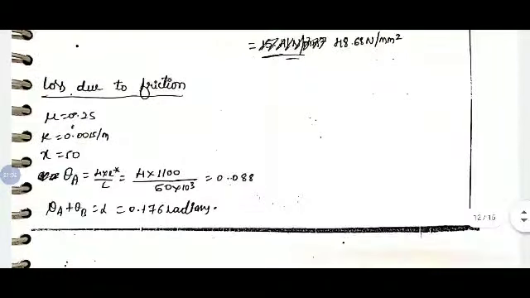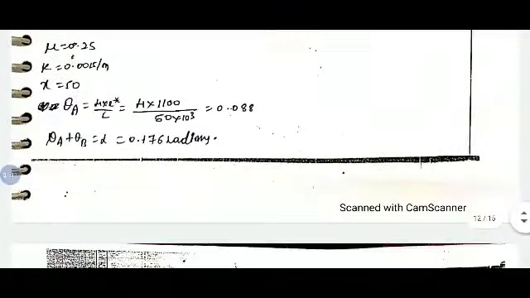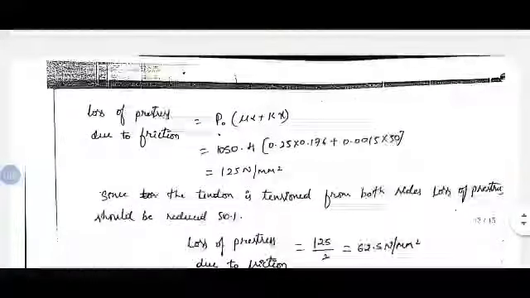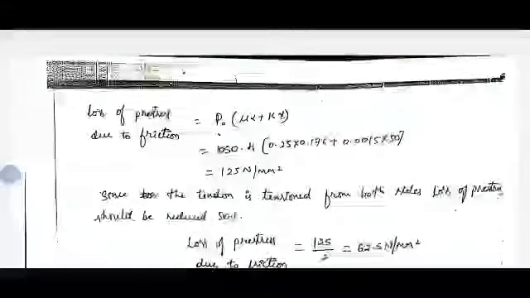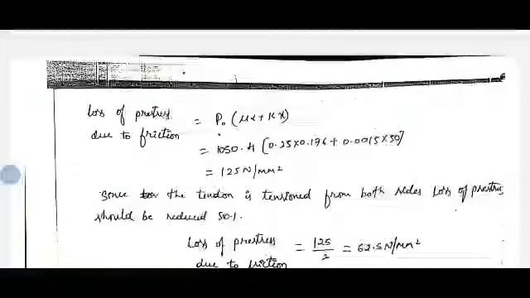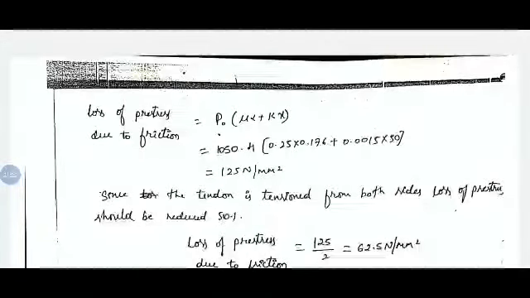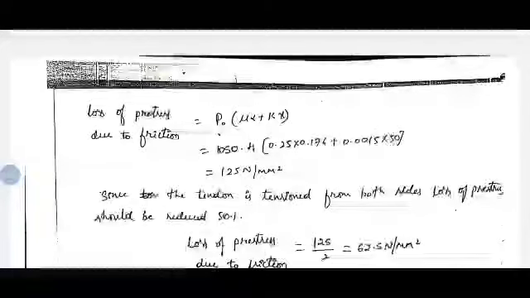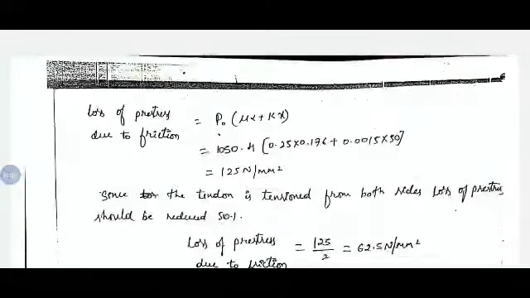Then loss due to friction, mu is given, K is given, X is 50. Loss of pre-stress due to friction is 125 Newton per mm square. Since the tendon is tensioned from both ends, loss of pre-stress should be reduced to 50%. Here you can do it in two ways.